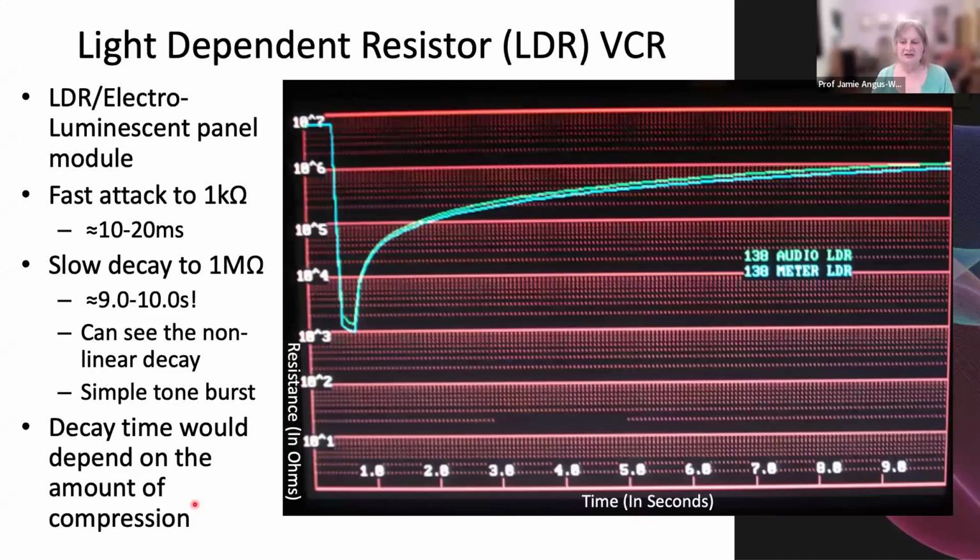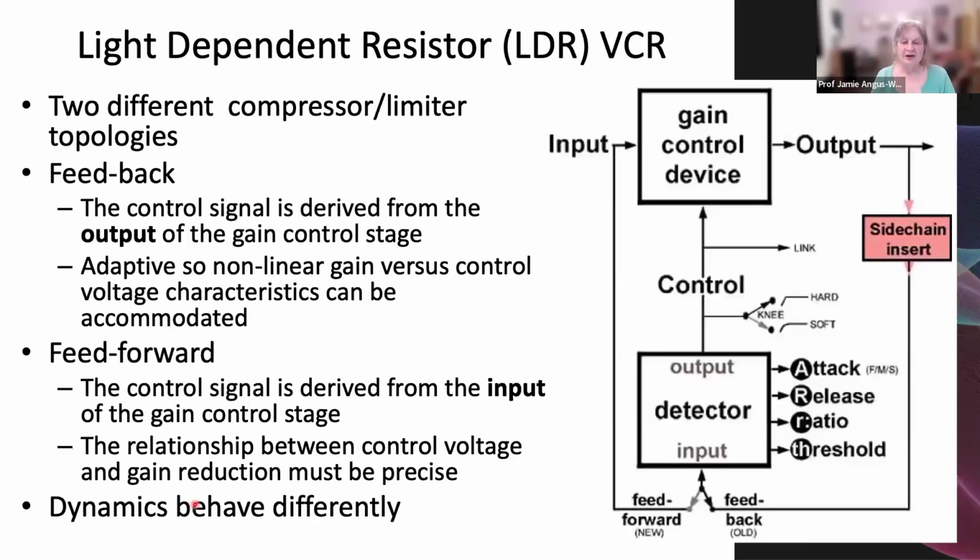Now, the little side thing there: because of the non-linear response to light, and the response of illumination to resistance, it affects the topology you could use in a compressor. It turns out there are actually two different basic approaches to compressor limiter technologies.